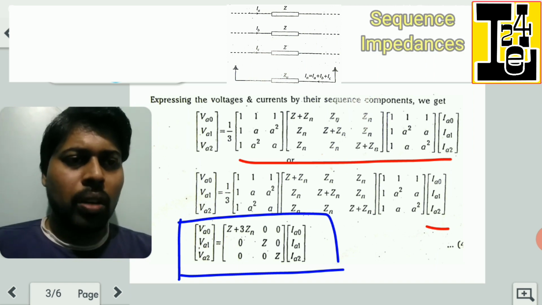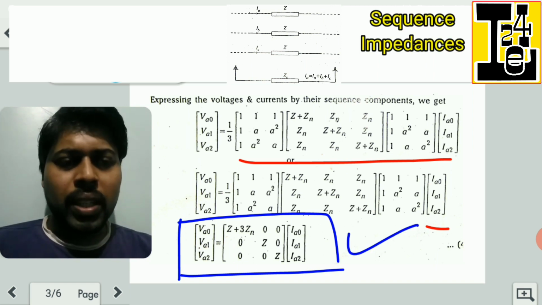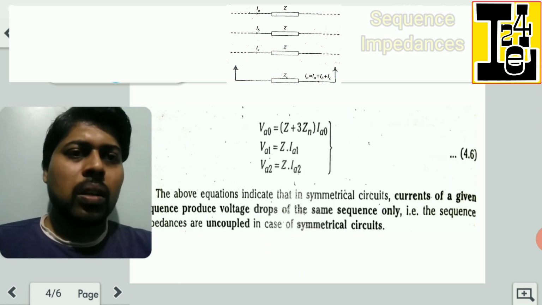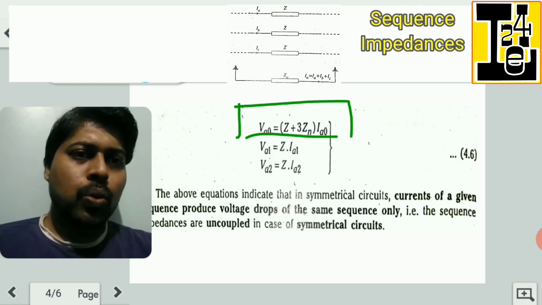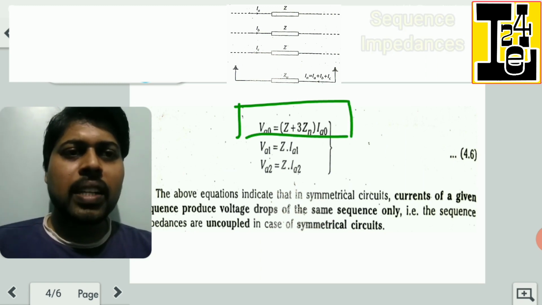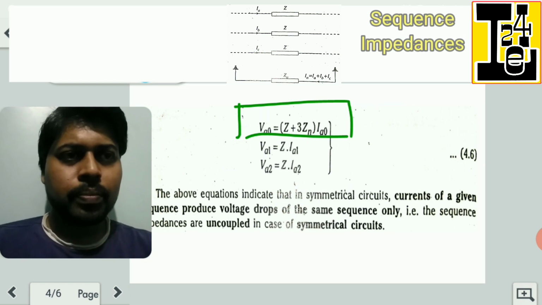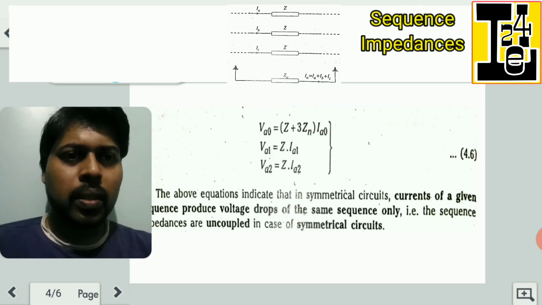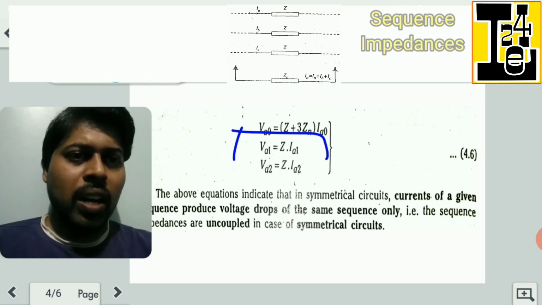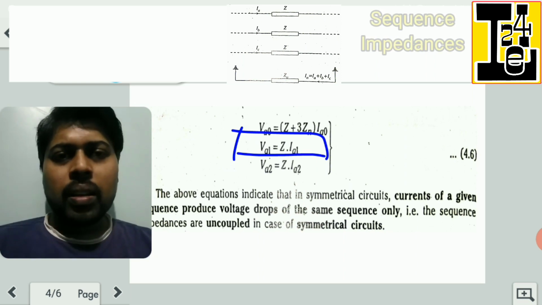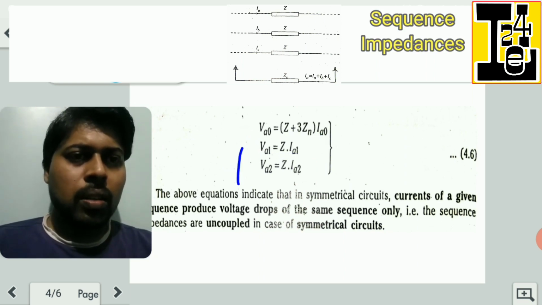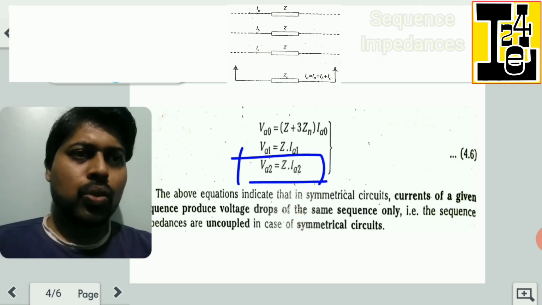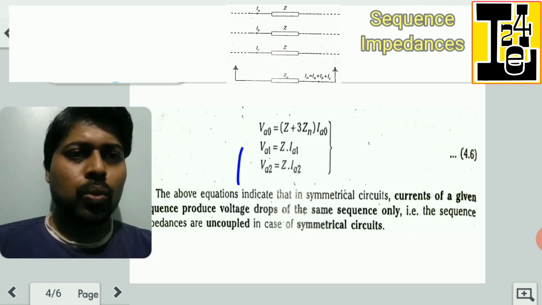So by observing this matrix expression, we can write VA0 equals Z plus 3Zn into IA0, VA1 equals Z into IA1, and VA2 equals Z into IA2.